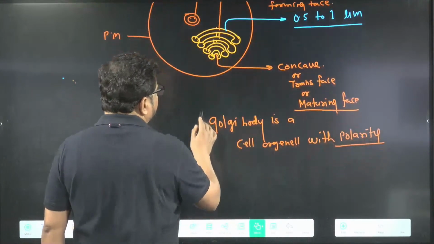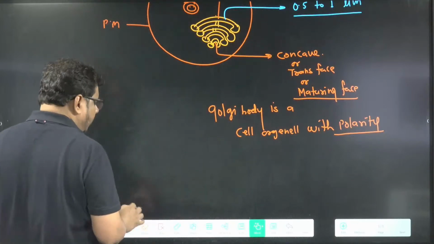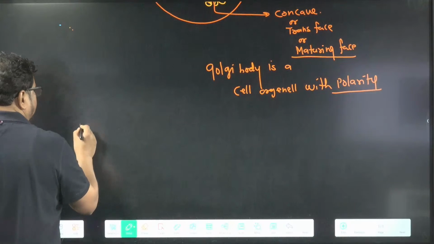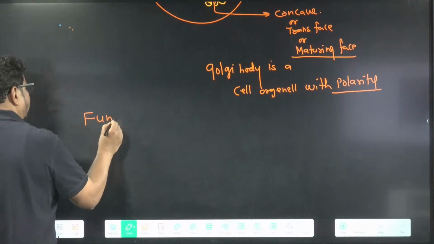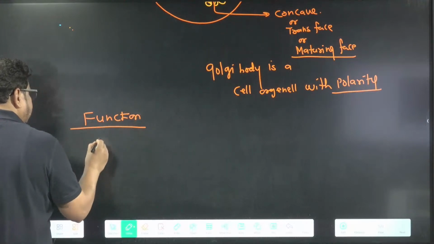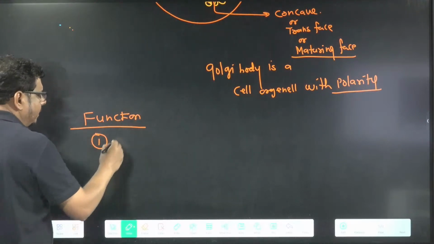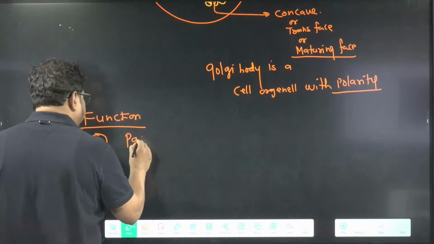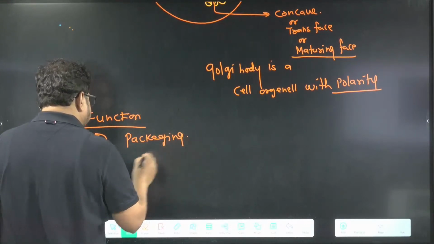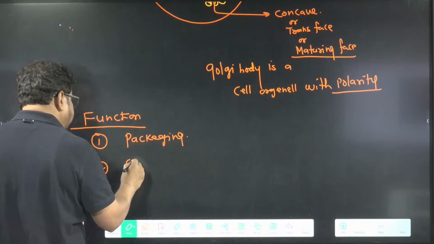Got the idea? So now we are going to talk about the function of Golgi complex. The structure we have seen. So what to write about the function? Three major functions I am writing. First, packaging. Second function I am writing, cell secretion.